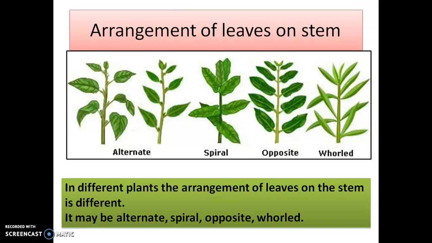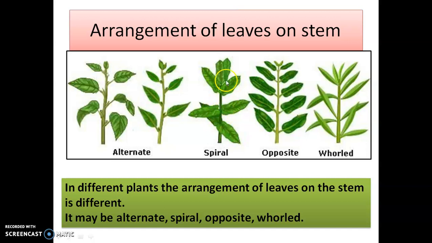Then we have how the leaves are arranged on the stem. That is also different. In different plants, the arrangement of leaves on the stem is different. It may be alternate, as you can see here, one here, one here, one here, one here, or it could be spiral.